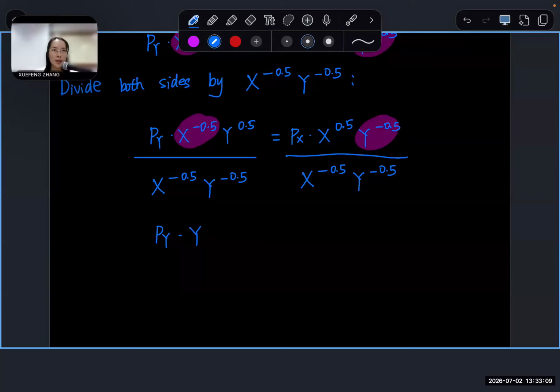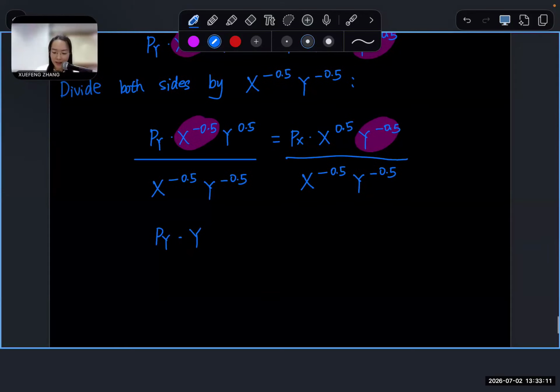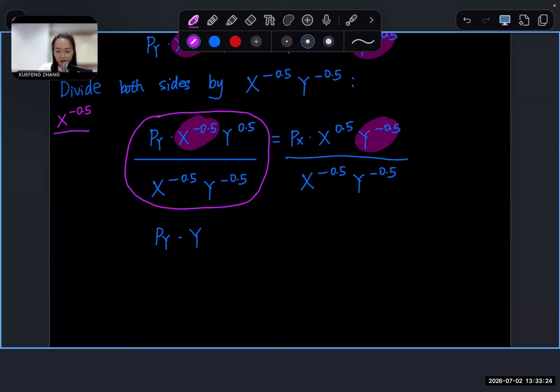It's okay about here. Why? Because here we have x, right? X power negative half over x power negative half. Actually here equal to x and then negative half minus negative half, right?